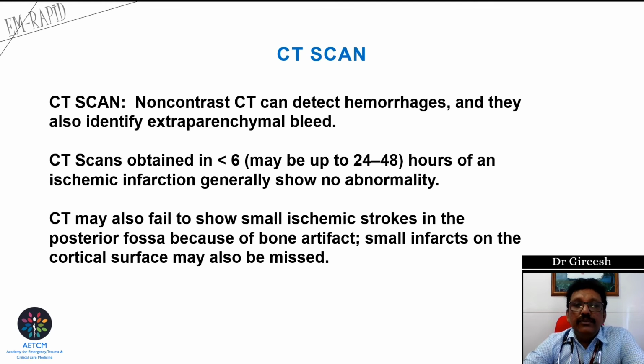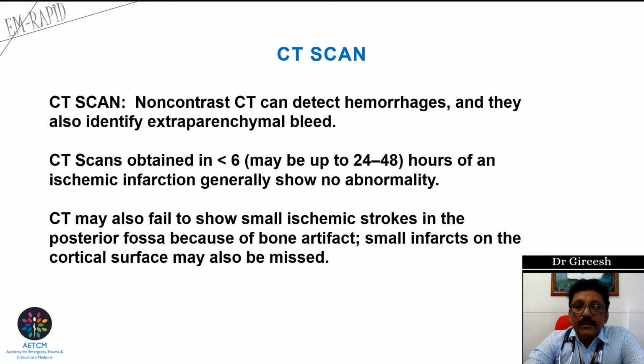If there is no hemorrhage, we can go ahead with the management of stroke with tissue plasminogen activator. Normally, the initial scans will not pick up any ischemic area in the brain unless it is large and there is tissue damage or brain edema. We won't be able to see it with a normal non-contrast CT, but CT is required to rule out bleed.